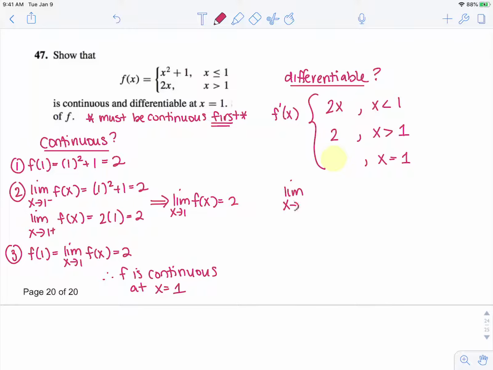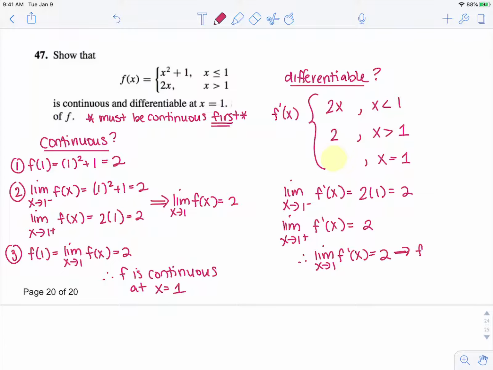So the limit as x approaches 1 from the left of f prime of x will be 2 times 1, which is 2. The limit as x approaches 1 from the right of f prime of x is 2. Therefore, the limit as x approaches 1 of f prime of x is 2, which tells us that f prime of 1 is 2.